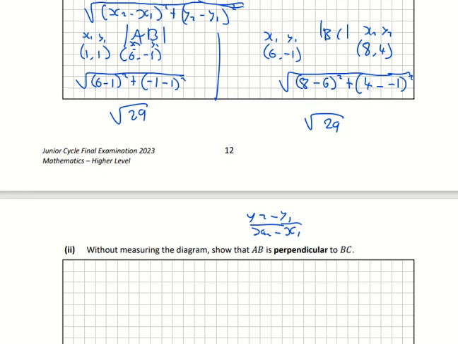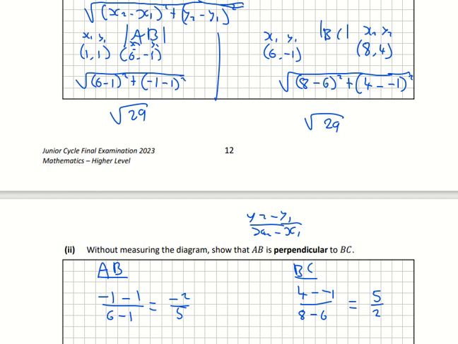I'm getting the slope of AB first, and then I'll explain after what we're going to do with it to show that they're perpendicular. So AB is minus 1 over 6 minus 1. That's minus 2 over 5. And then the slope of BC is 4 minus 1 over 8 minus 6. That gives me 5 over 2.